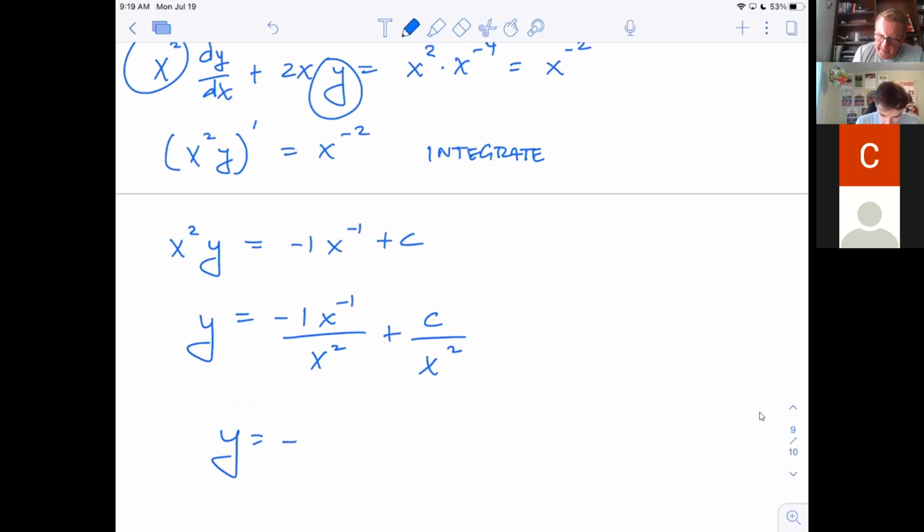So wouldn't that be negative x to the negative 3? Or I'm going to go ahead and write it like this. I just think it looks cooler. I don't like negative exponents. I get confused when I stare at them. So the c is actually the coefficient in front of 1 over x squared, or in front of x to the negative 2.